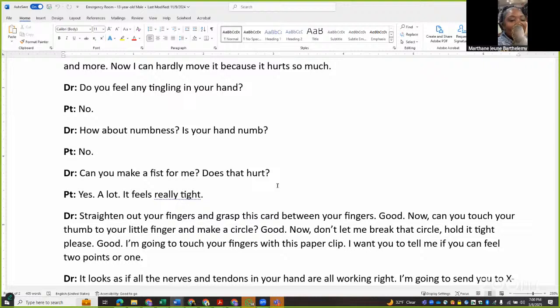Kounya, est-ce que vous ka toucher poussou avec petit doigt pétillant et vous faites un cercle?